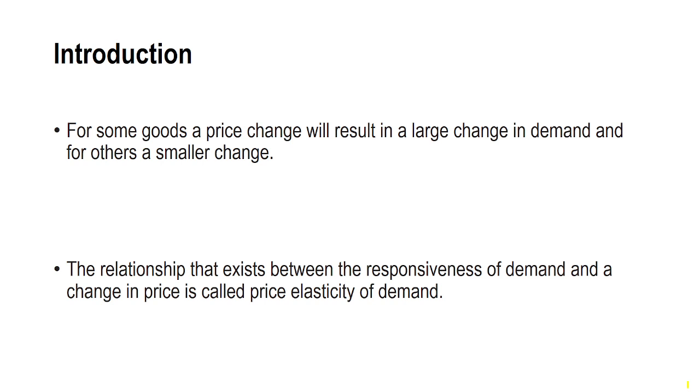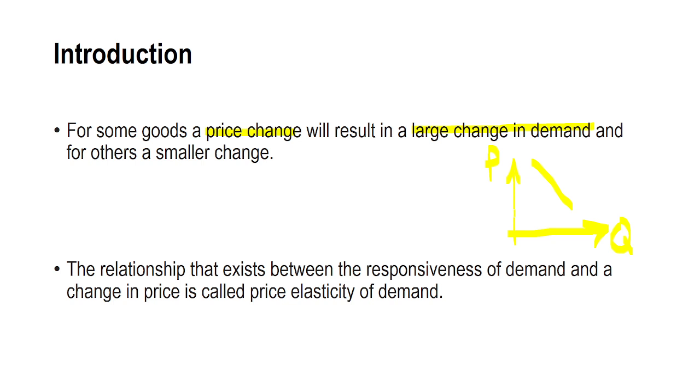Okay, for some goods, a price change will result in a large change in demand. As we know, the most basic element that affects the amount of demand is price. Here we had price and here we had the quantity, and this was the demand curve.